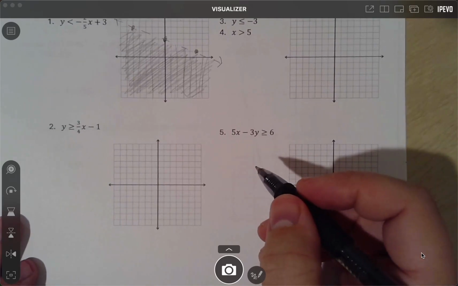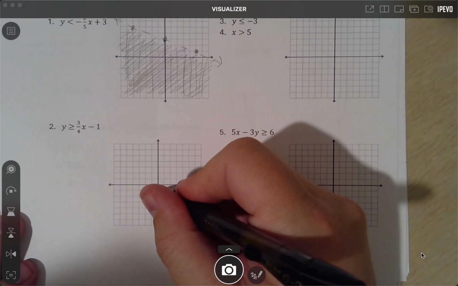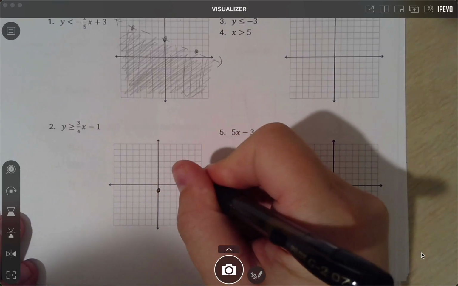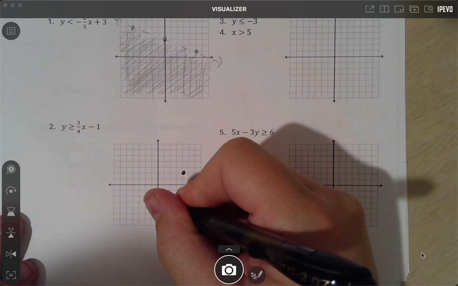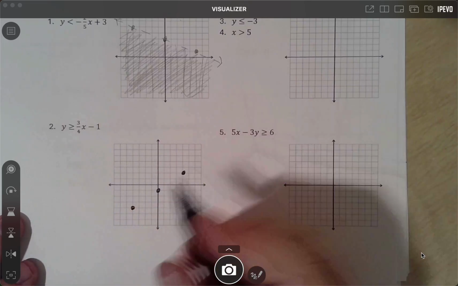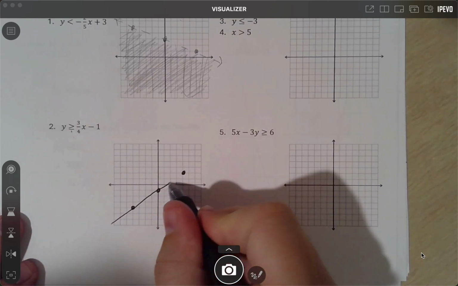Maybe let's do the other ones in pen, but hopefully I don't mess up. Up next, I've got a y-intercept at -1. I've got a slope of up 1, 2, 3, right 1, 2, 3, 4. I could also go down 3 and left 4. And this time it's or equal to, so that's a solid line.